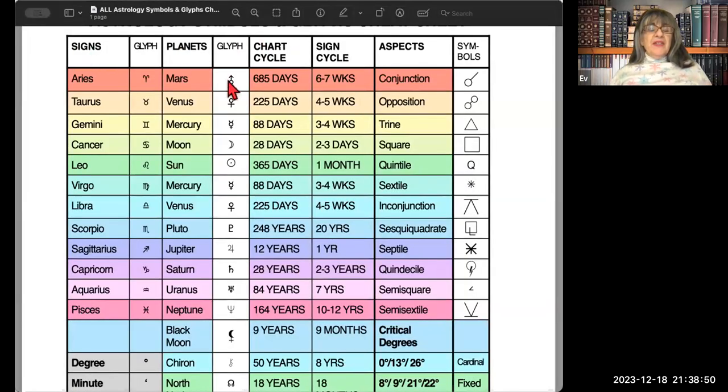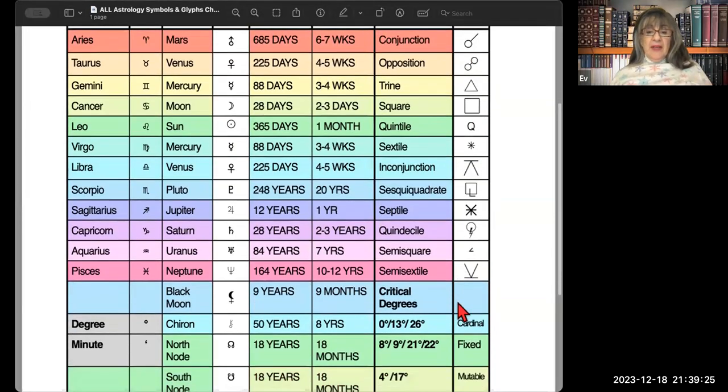So this is the symbols chart. And all these glyphs or symbols represented in the columns are the language components, the alphabet of astrology. Each sign has a symbol, each planet has a symbol, each aspect has a symbol.